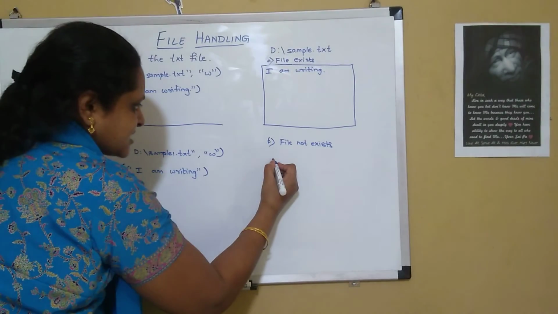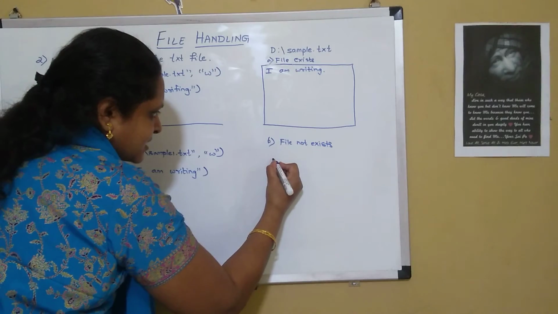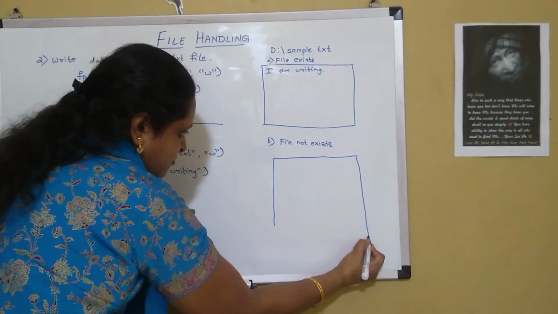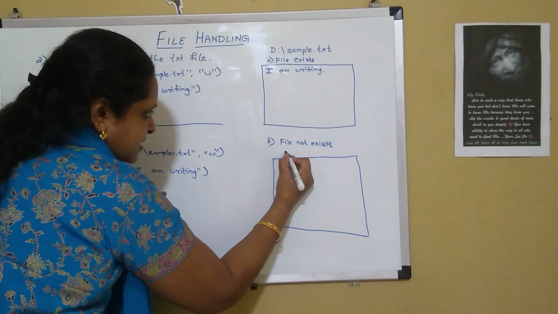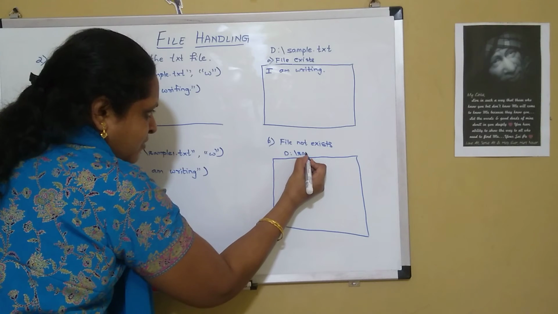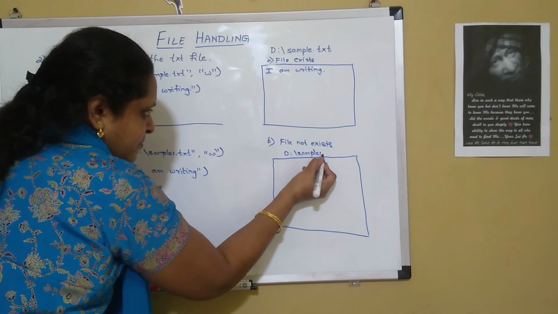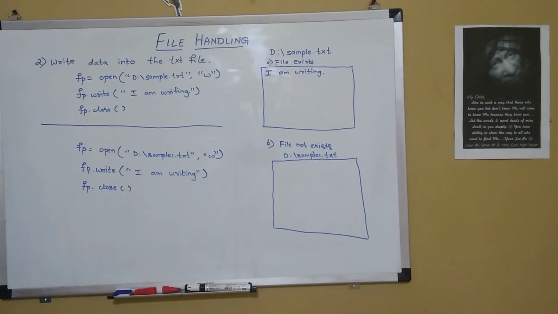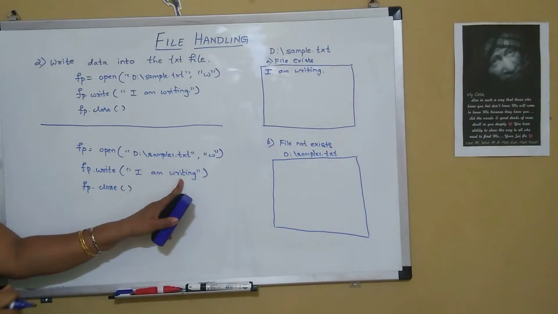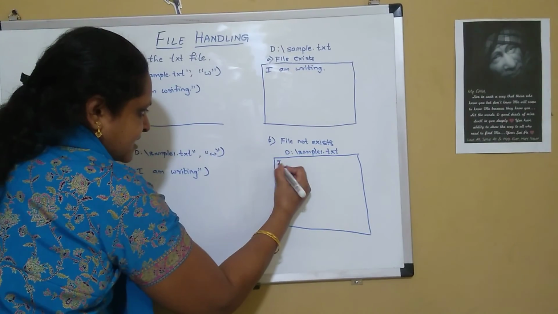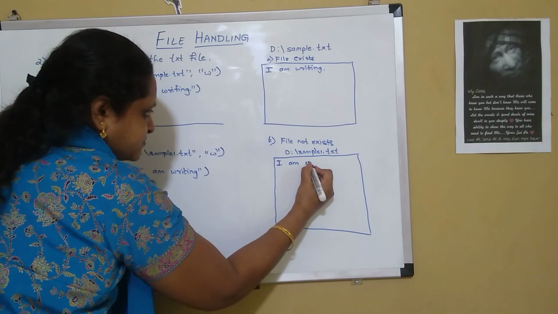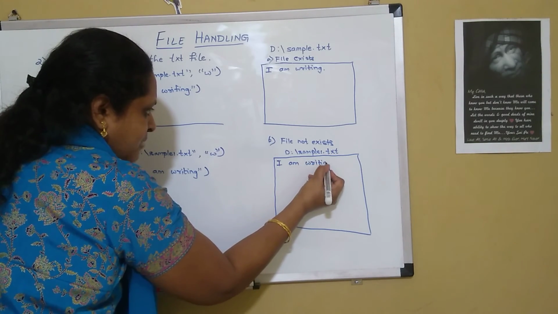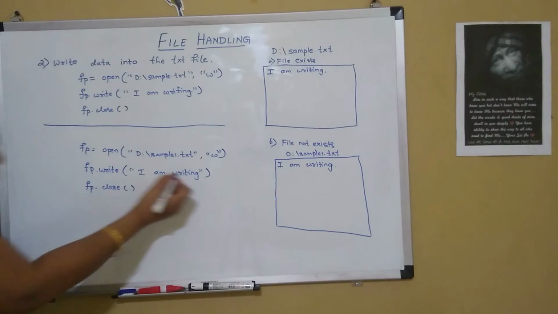In this case it will create a new file in D drive with the name sample1.txt. It will create a new file with a specified file name, and from the beginning it will write I am writing into the file.